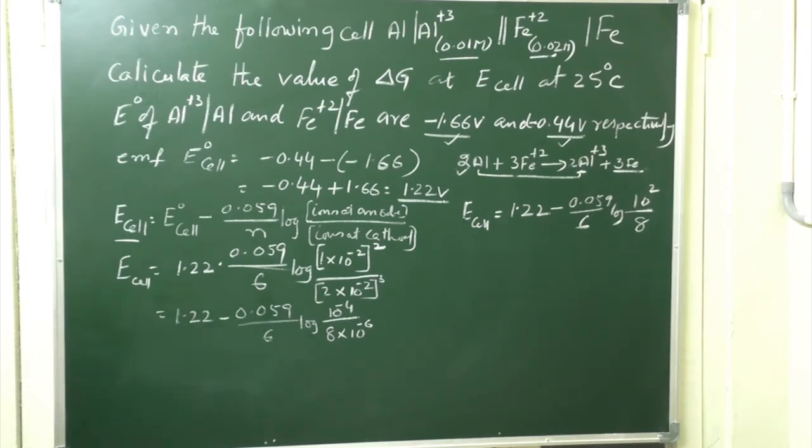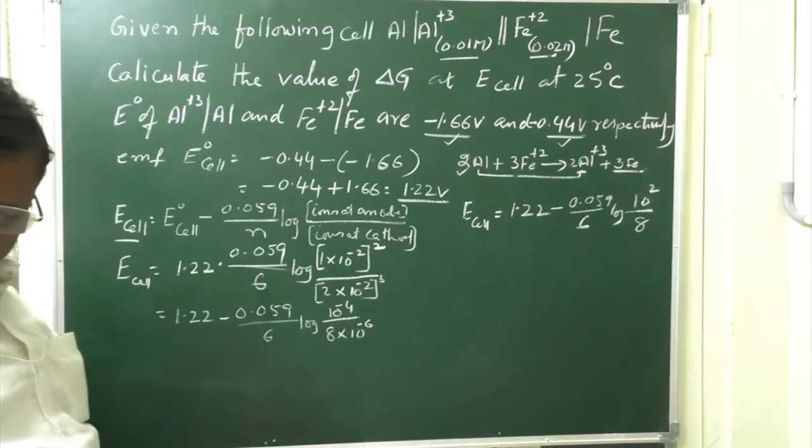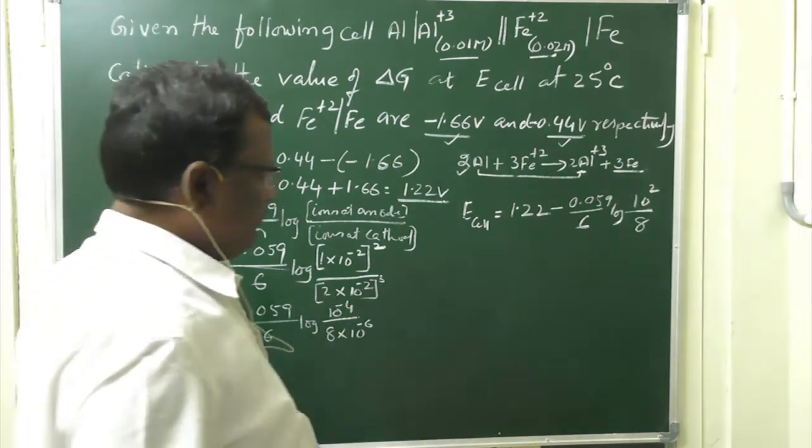On simplifying, we will get 10 by 8, so log 10 by 8 is equal to 1.0969.